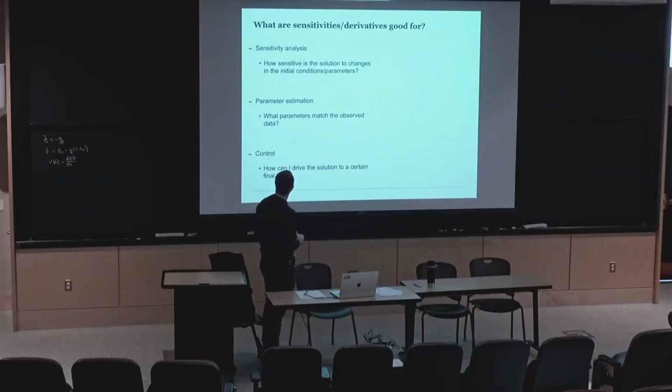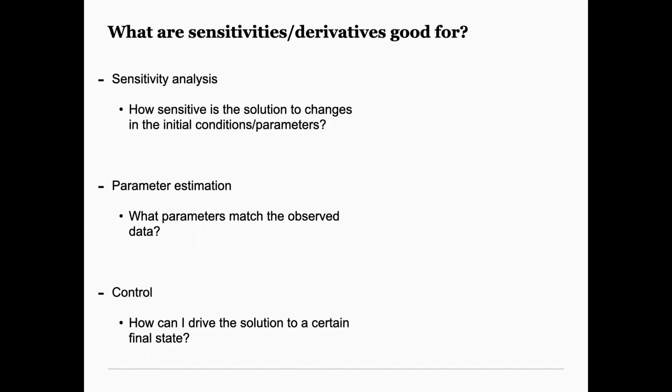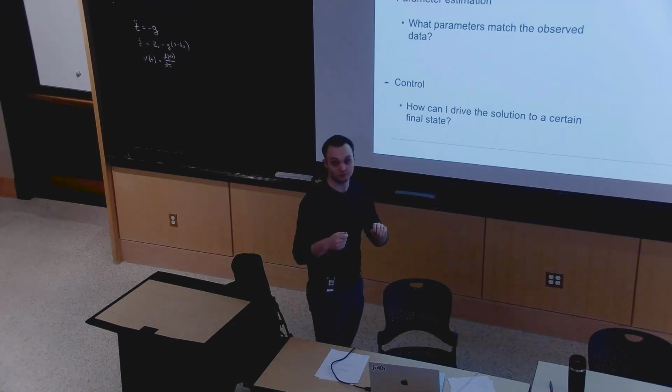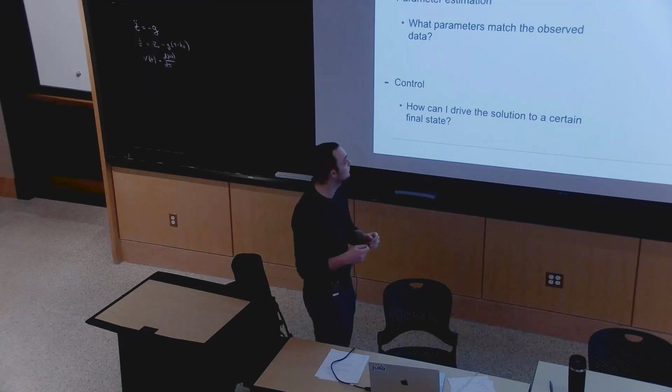So what are sensitivities good for? Just as a recap. Sensitivity analysis basically just describes what it says. So we might be interested in just describing how maybe the height of our ball would change if we slightly perturb the parameter of the differential equation.